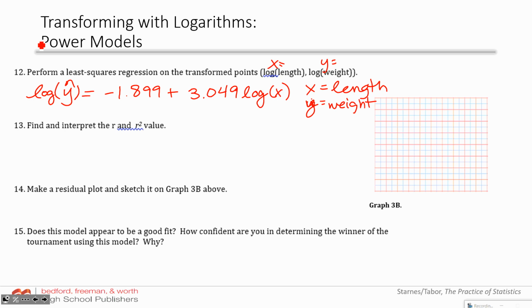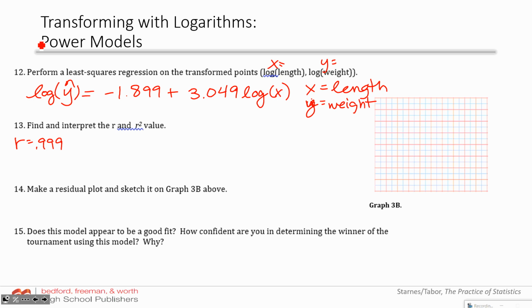And then it asks you to find and interpret the r value and the r squared value. So again, remember, this is everything that we've been doing. We're just now interpreting it in terms of, instead of x and y, the log of x, the log of y. So my r is 0.999.